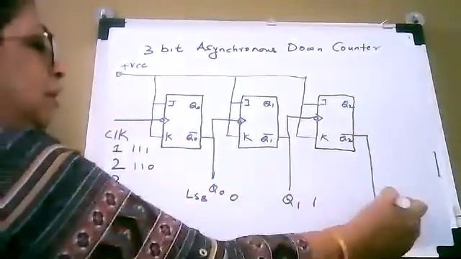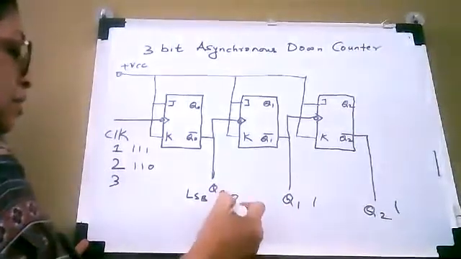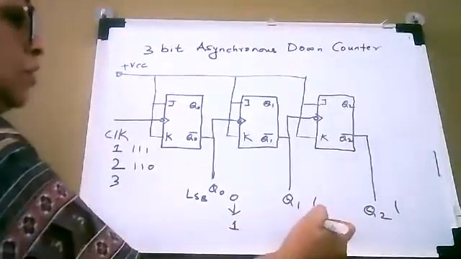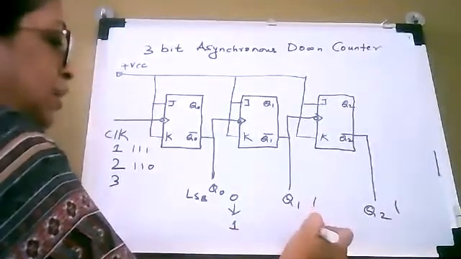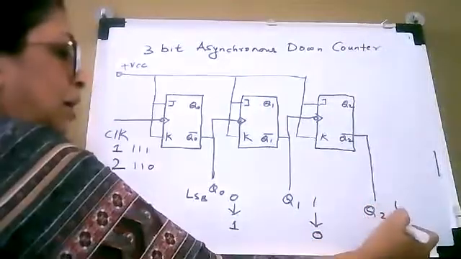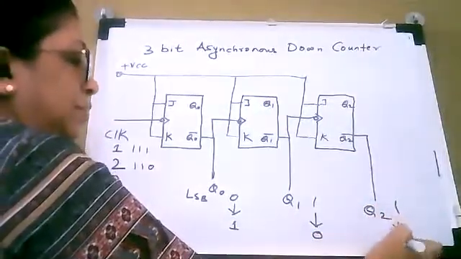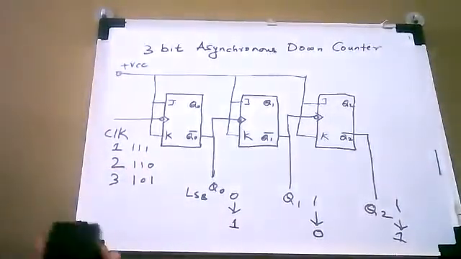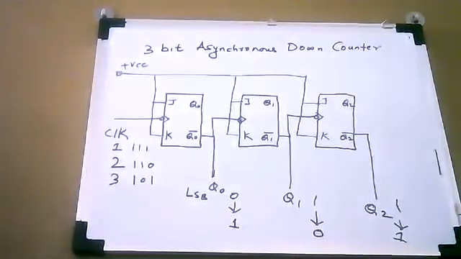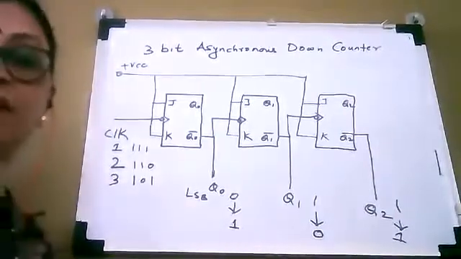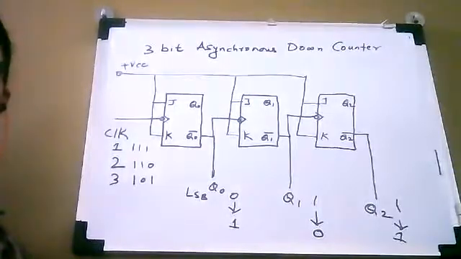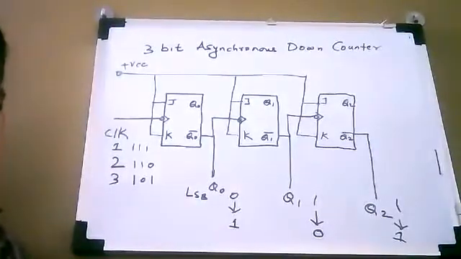This 0, 1 and 1, it is going to change. 0 will change to 1. Okay, so this will change to 0 and this will remain the same, that is 101. So your next count will be 101. So like this, go on applying the clock pulse and you will be getting the output which is in the decreasing order. Okay, so output will be in decreasing order.